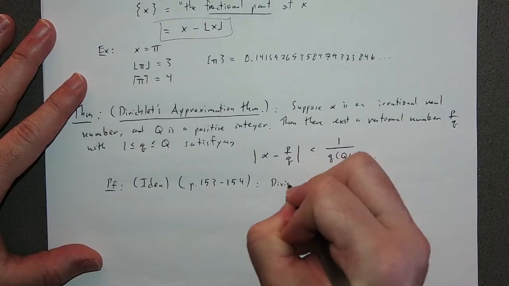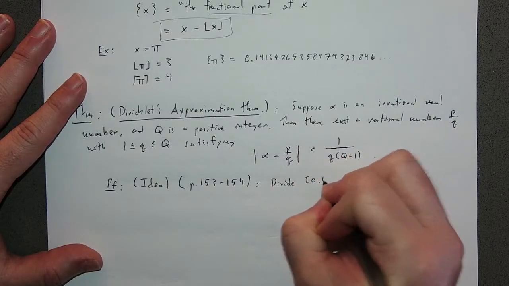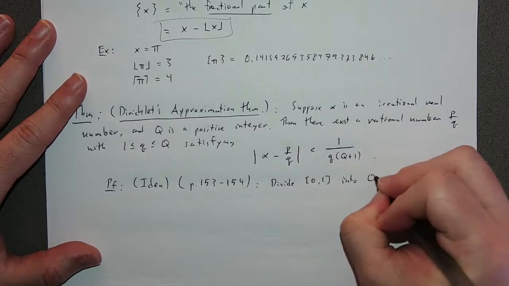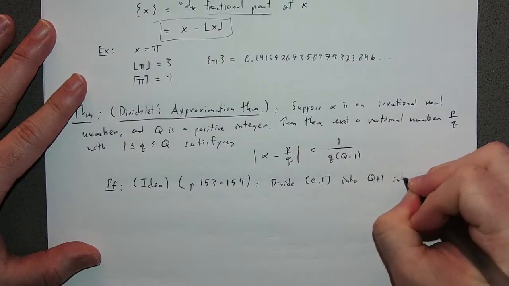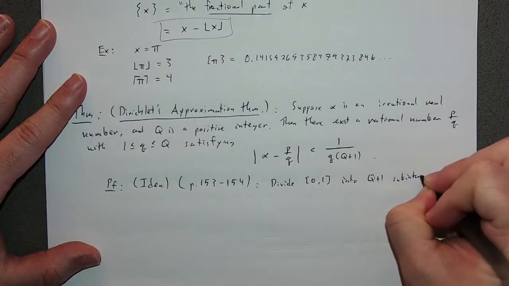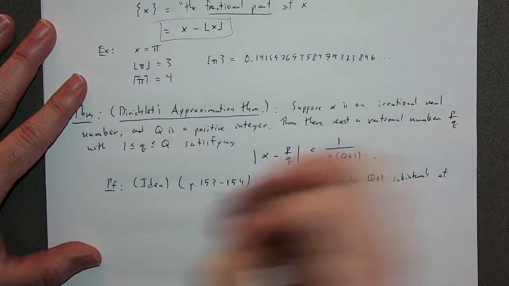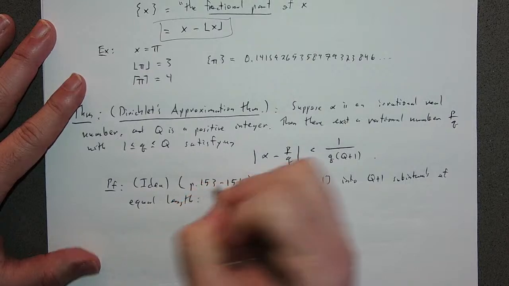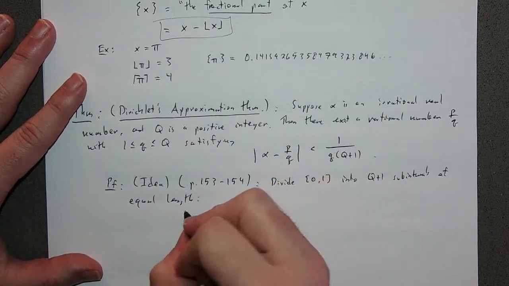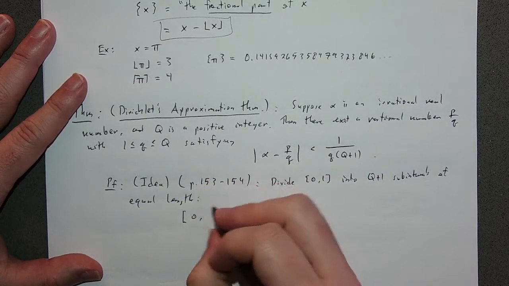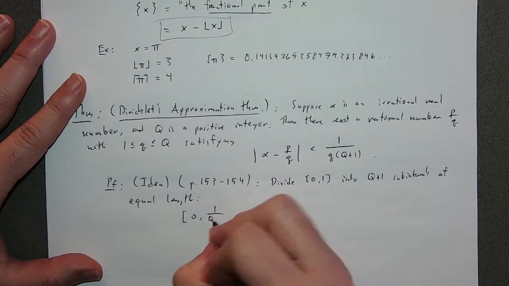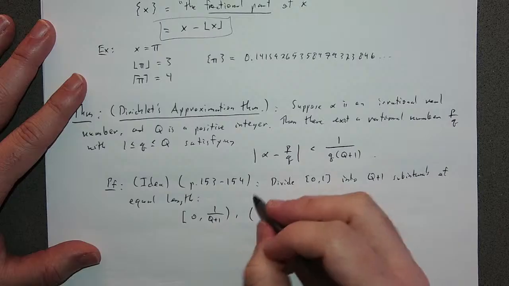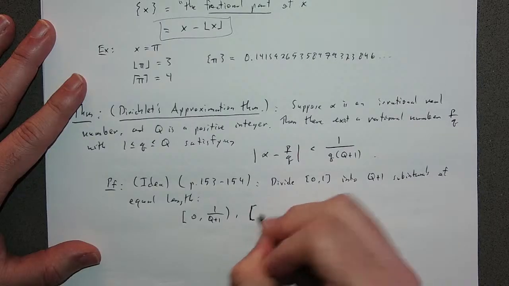divide the interval 0 to 1 into big Q plus 1 subintervals of equal length. So the subintervals are 0 to 1 over big Q plus 1. And then, I should include the left endpoint.